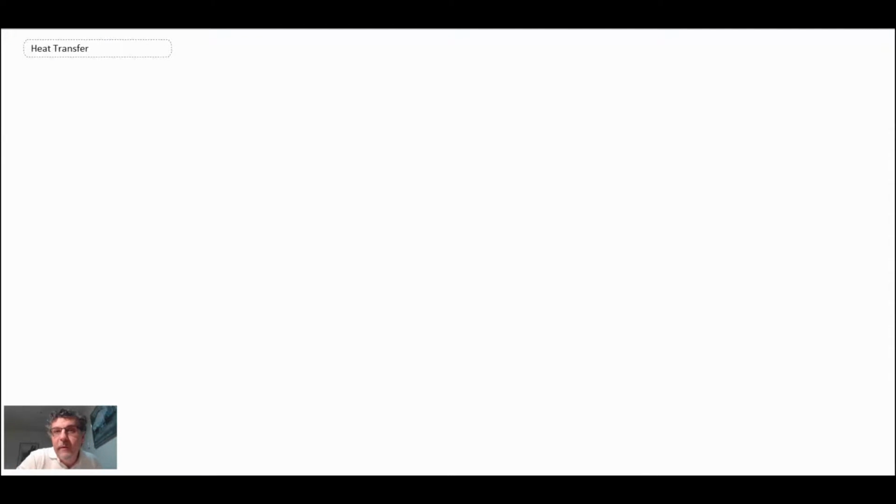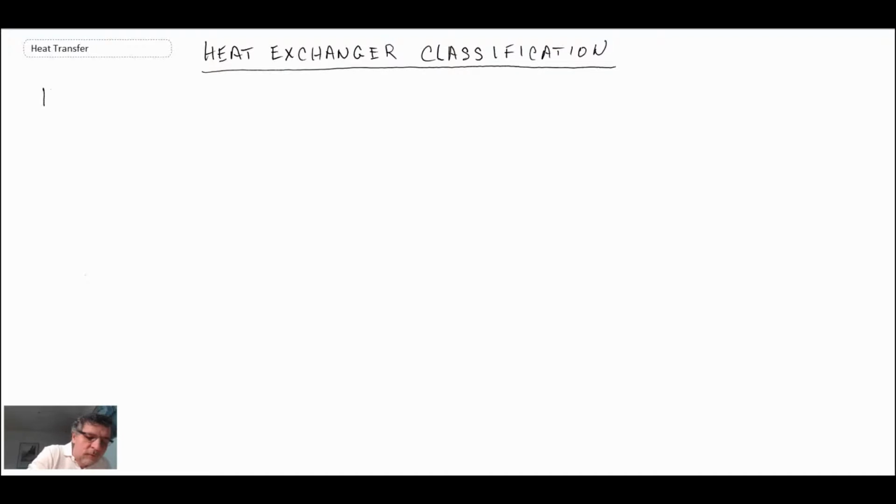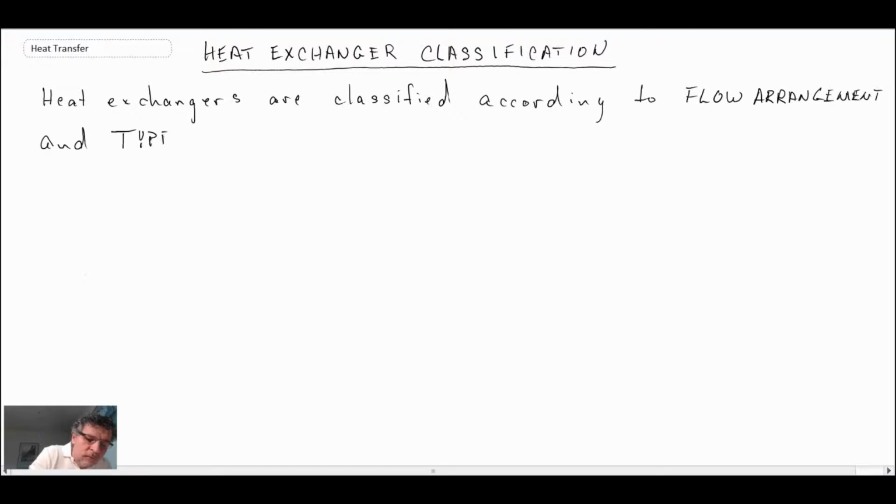In this segment, what we're going to be doing is taking a look at the ways that heat exchangers are classified. The two ways that we classify heat exchangers: we look at the way that the flow is arranged, and we'll be looking at examples of that.